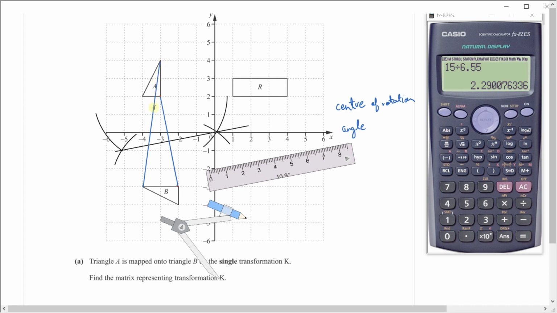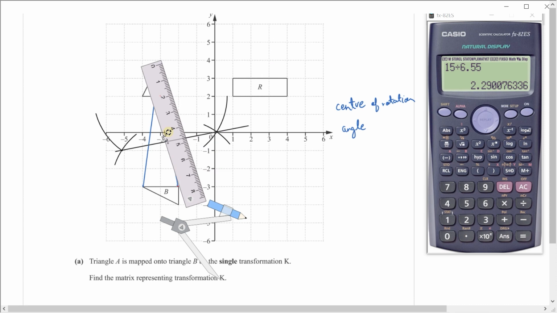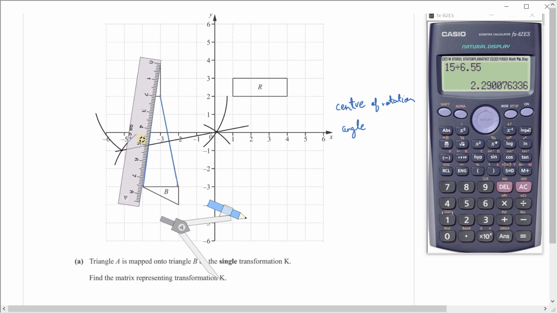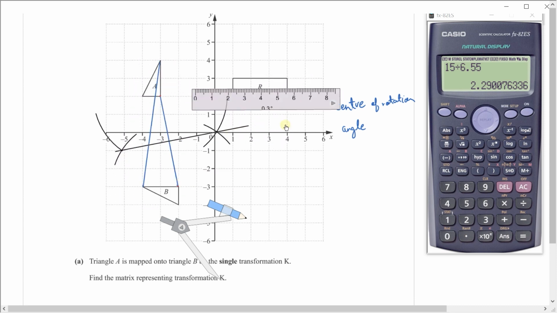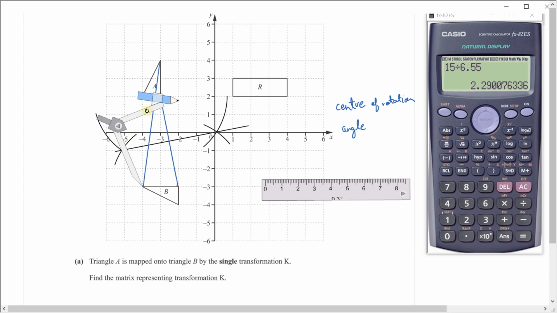Now let's draw the perpendicular bisector for the other line. I don't need the ruler here. So I will use my compass again. Make sure you open it more than half the length of the line for which you are drawing the perpendicular bisector. So this is more than halfway. And then again, I can draw one arc on this side and then another arc on this side.